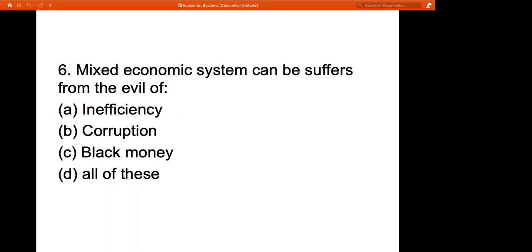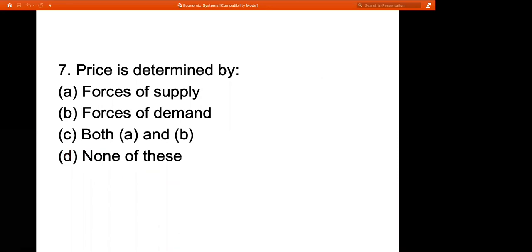A mixed economic system can suffer from the evils of inefficiency, corruption, black money. Yes, all these three are the demerits of the mixed economy. You can find these three things in our economy, in the Indian economy. Price is determined by forces of supply and forces of demand.